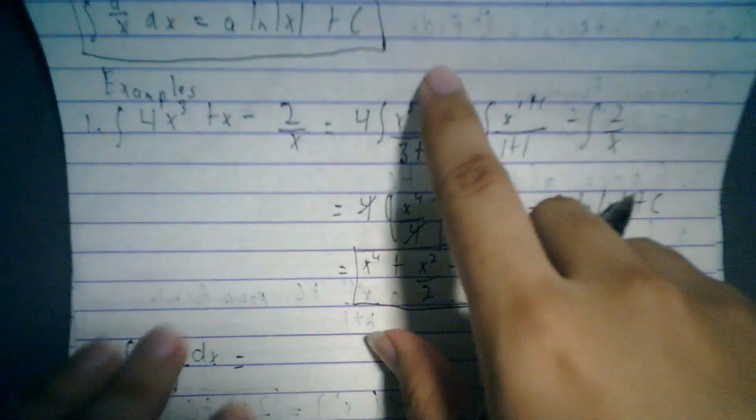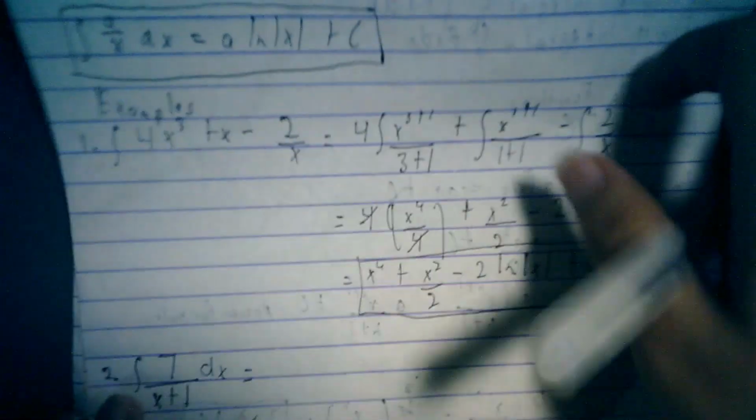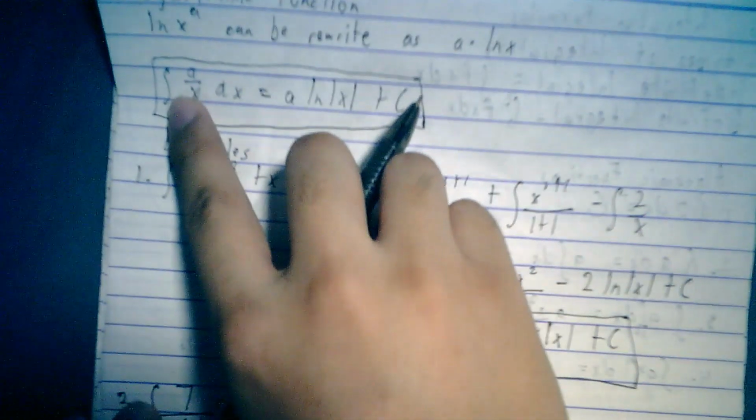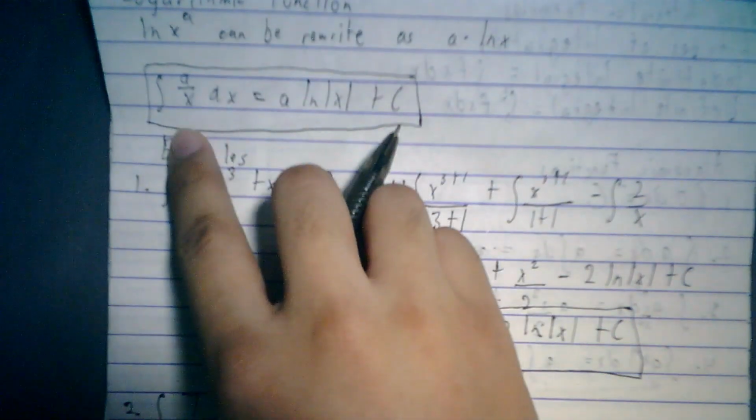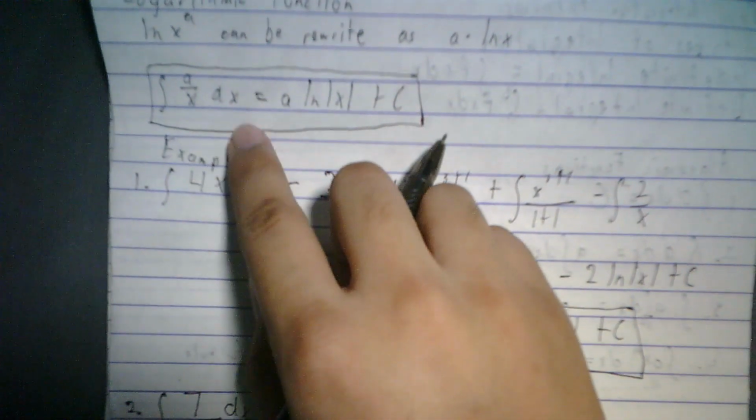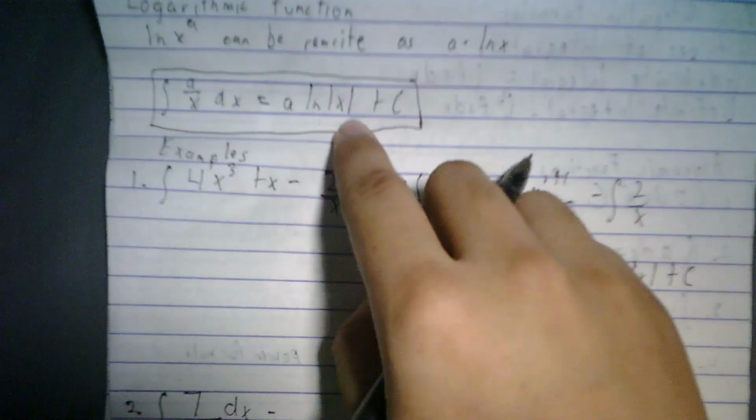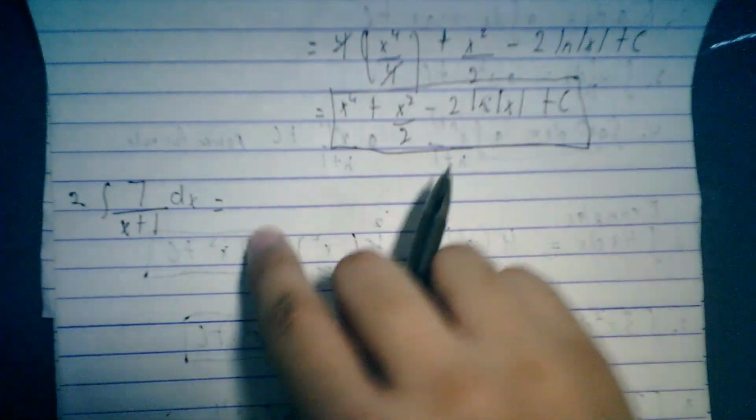Recall the formula, or rather do not memorize the formula, just familiarize yourself with it. The integral of a over x dx is equal to a ln of x. Now we know how to solve this.